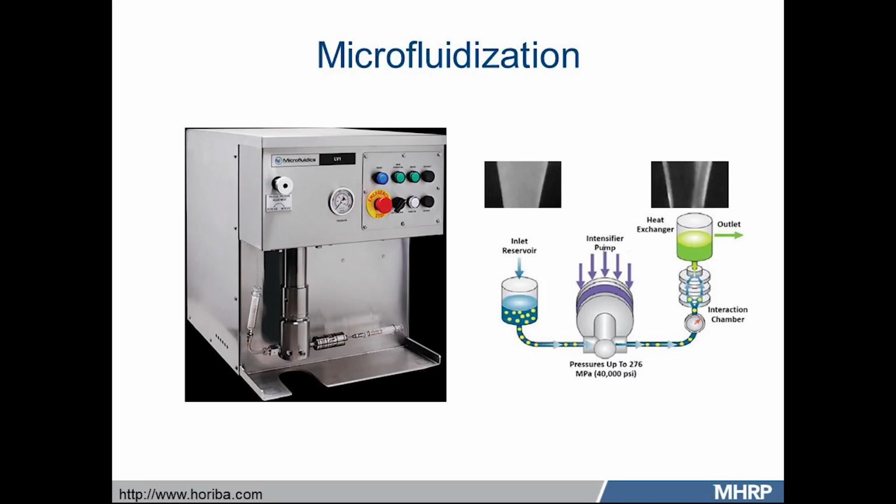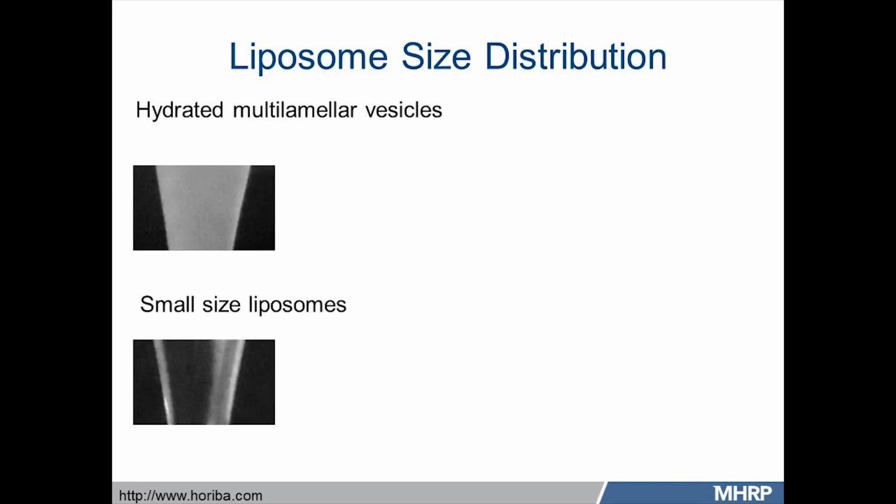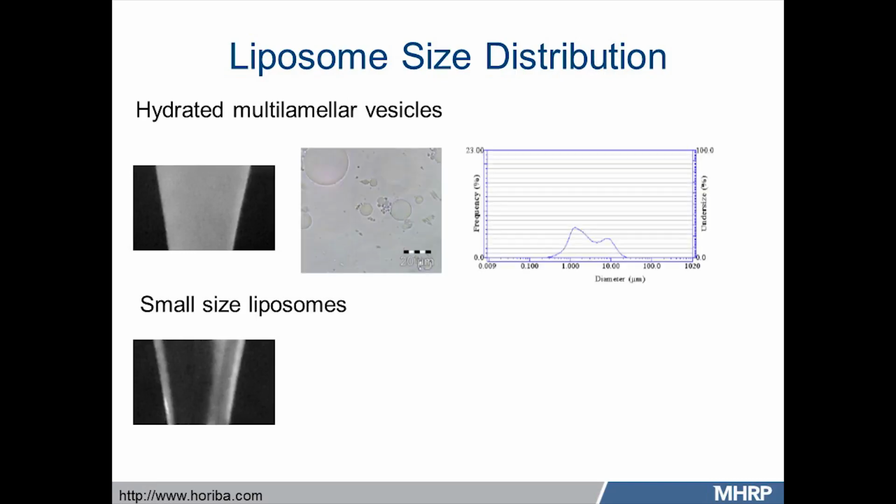This is because the size has gone down to less than 100 nanometer, which cannot be perceived by our naked eyes. Typically, the distribution of particles in these multilamellar vesicles and small size liposomes differs. As you see here, this is the light microscopy showing you the small size as well as large size vesicles, and this is the frequency distribution of them, showing you that there's a lot of heterogeneity in this sample, where you have vesicles ranging from hundreds of nanometer to tens of micron.